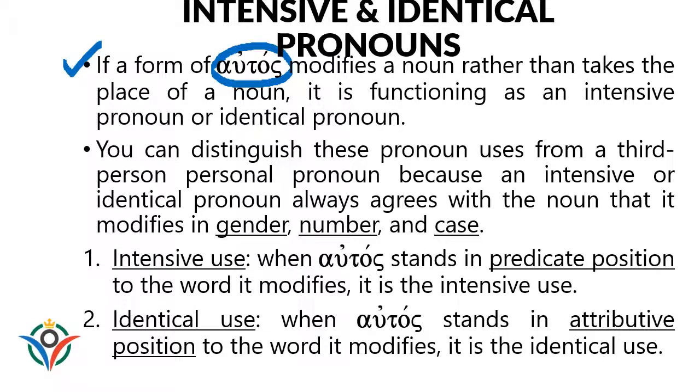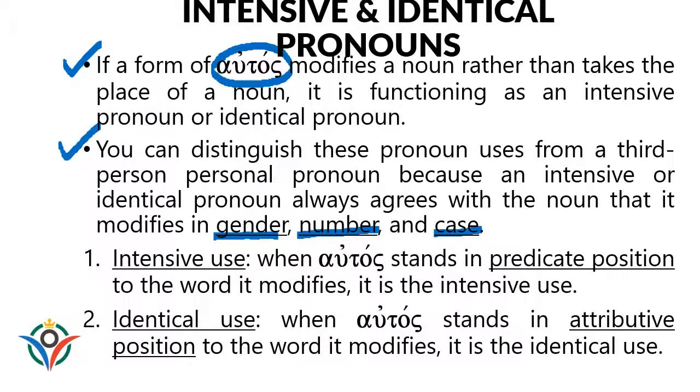Now, how would we know if a form of autos is functioning as an intensive or identical pronoun? Well, it says here, you can distinguish these pronoun uses from a third person personal pronoun because an intensive or identical pronoun always agrees with the noun that it modifies in gender, number, and case.